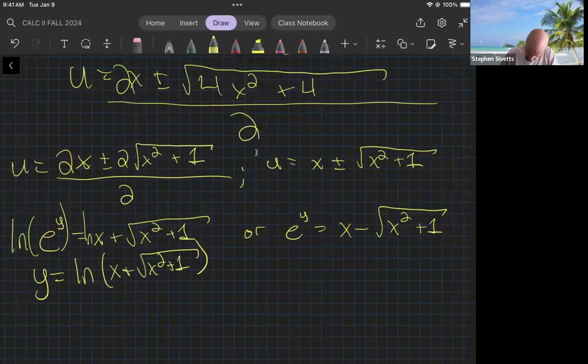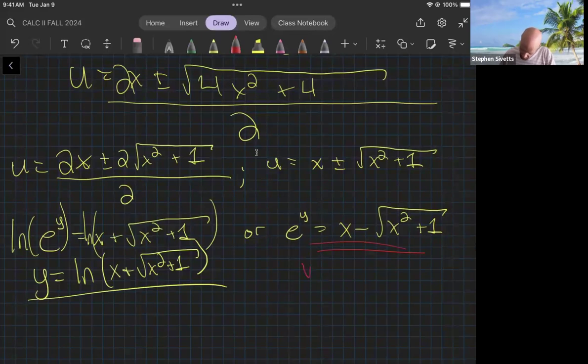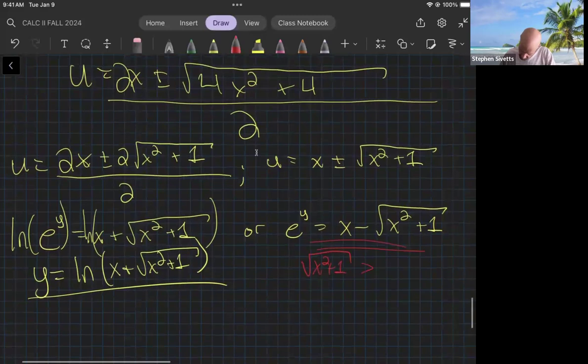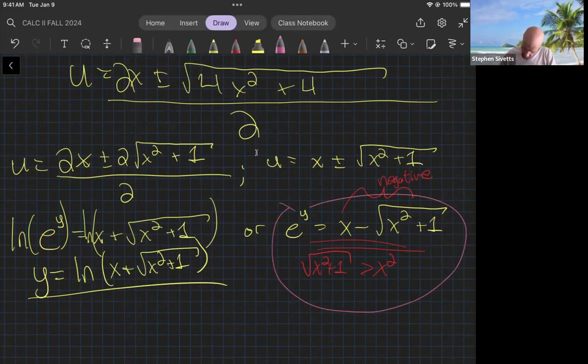But for the other expression, the square root of x squared plus 1 is greater than x, so x minus that square root will result in something that is negative. So we disregard this root.